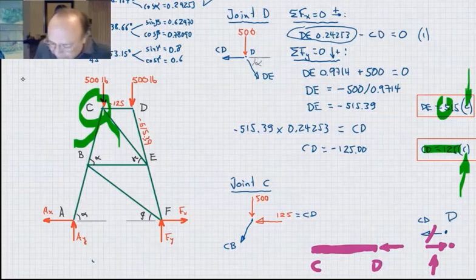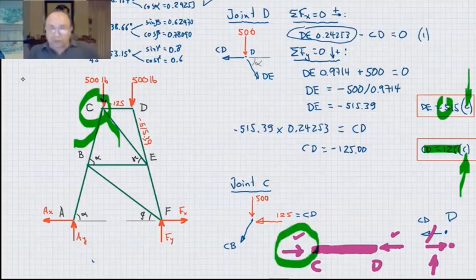This is the force that the joint makes on the bar. Now at the other end, this bar is in equilibrium, so it has to have another force in this direction. This force balances this one right here, and this force is the force that the joint C is doing on the bar CD.